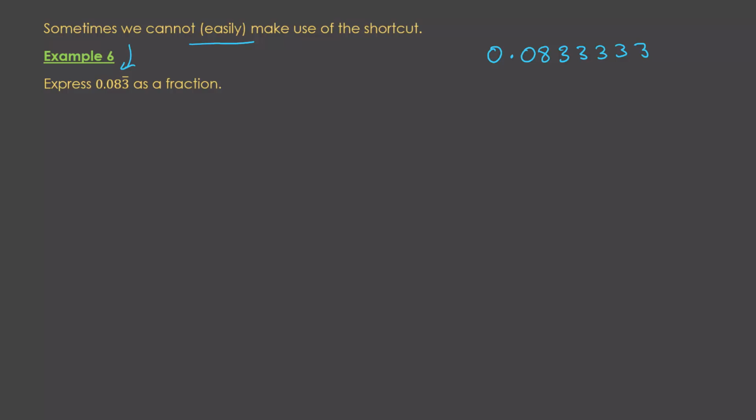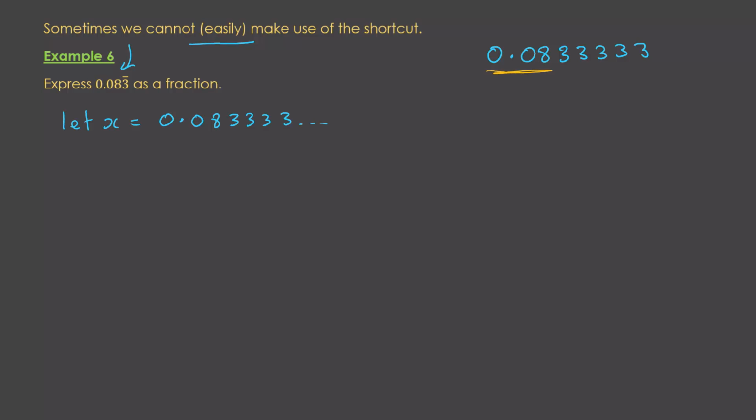We've got this bit at the start that doesn't recur. So I'm going to use the method I introduced before to do this one first. So I'm going to let x be equal to 0.083333 and so on.